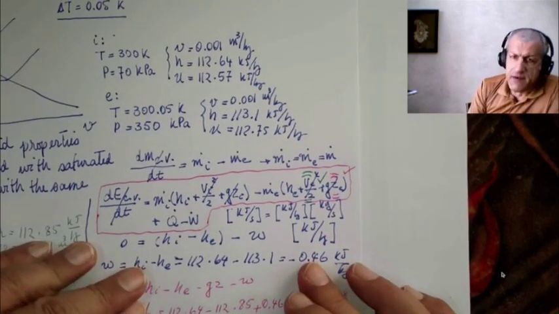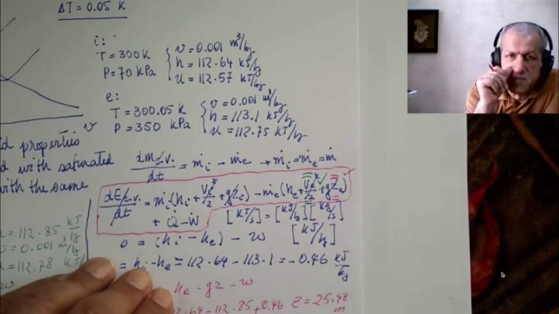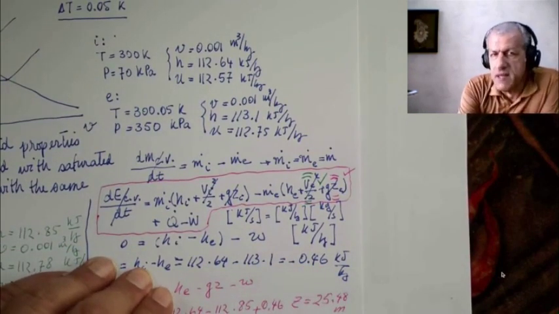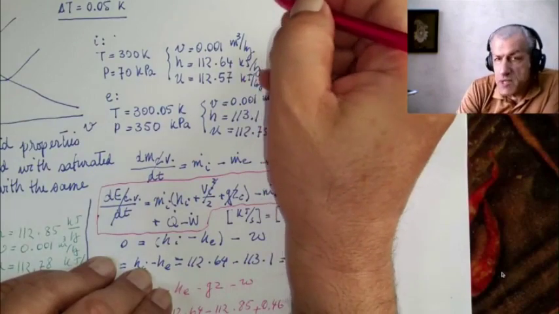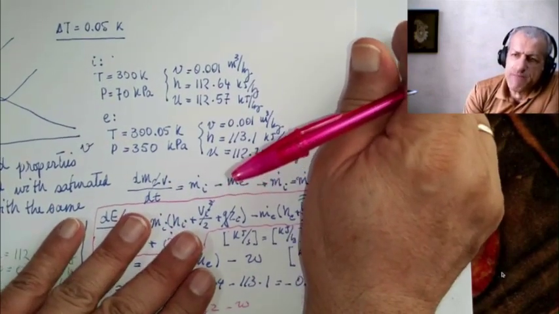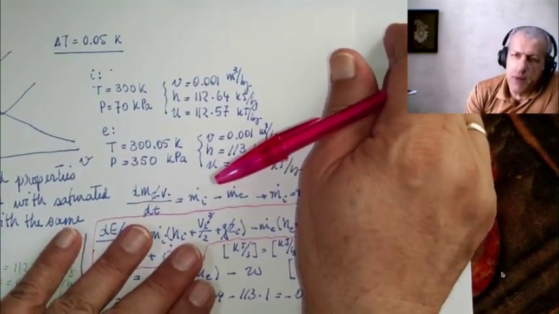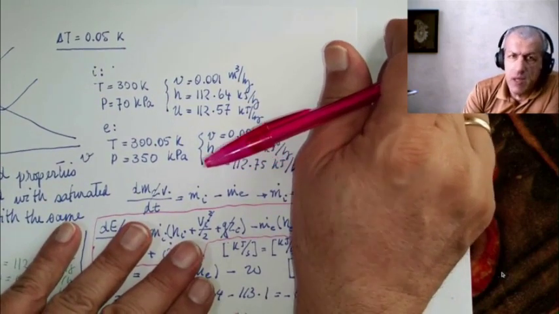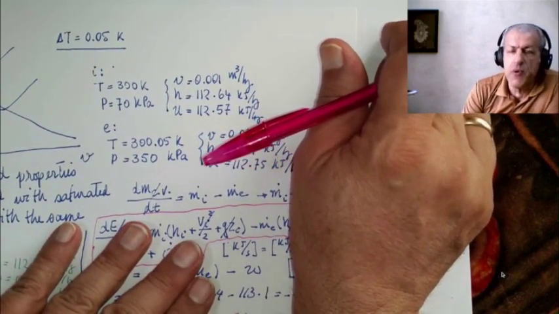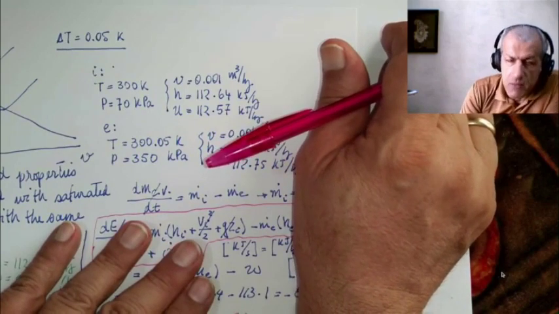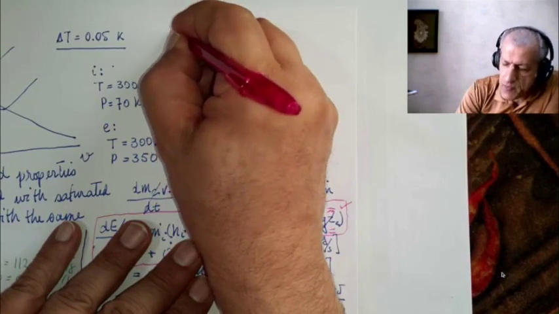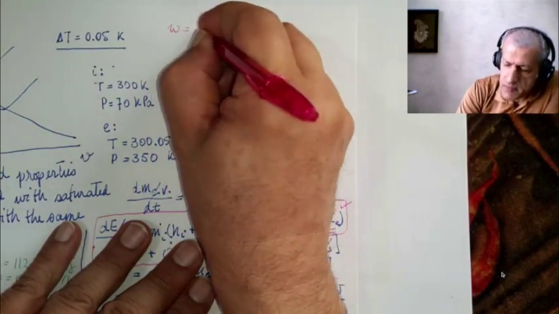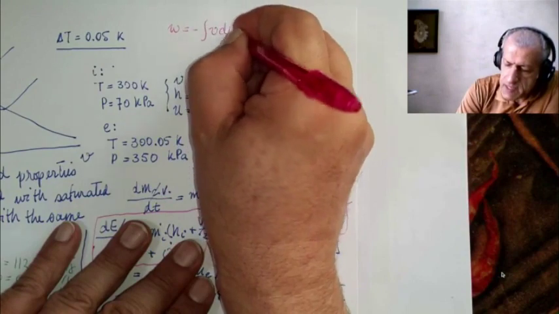At the end of this problem, I just use a small note from the second law of thermodynamics. In the second law of thermodynamics, you are taught, or you will be taught, that the reversible work for a control volume, which is the minimum work for that control volume, may be calculated from an equation which is minus VdP.